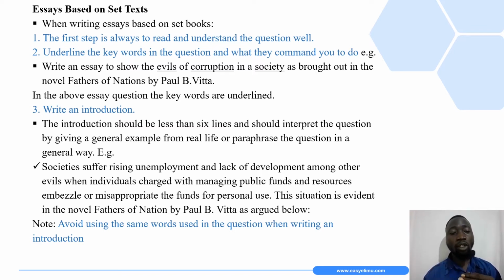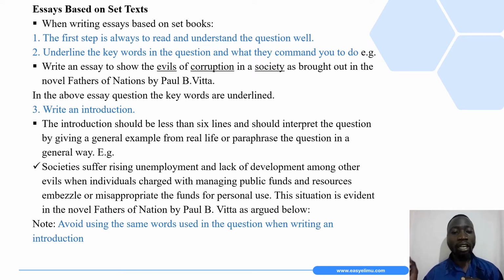And this is because you're not allowed to use the same words that we have in the question as your introduction. So we can do this. Let us try and look at the above question and come up with maybe an introduction that is okay. So we can twist that and have it this way in our introduction.